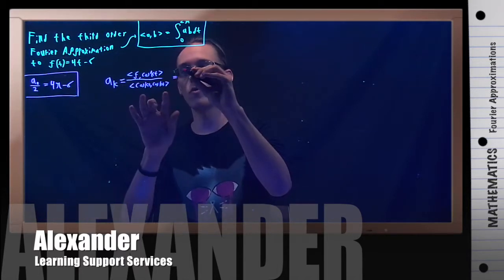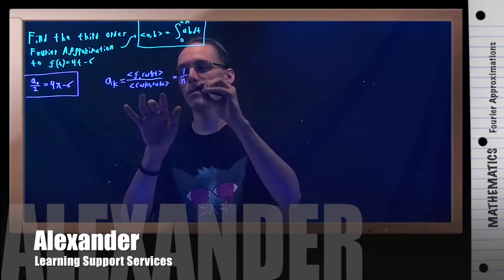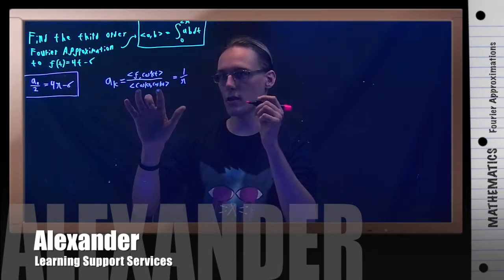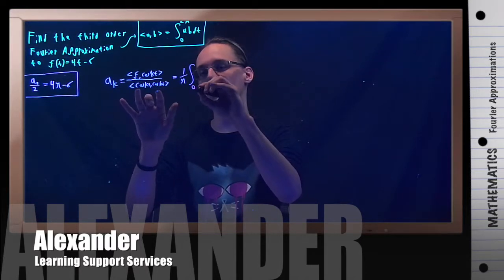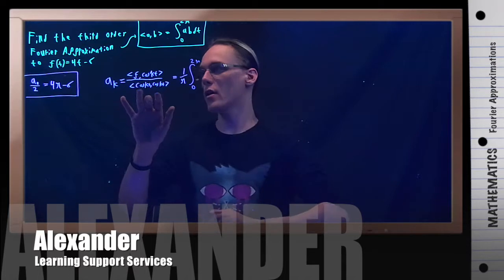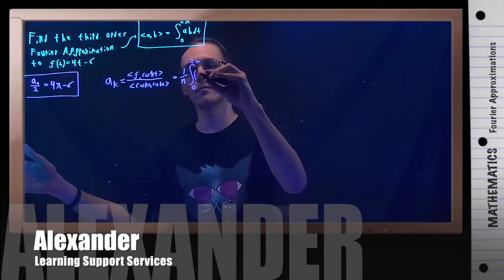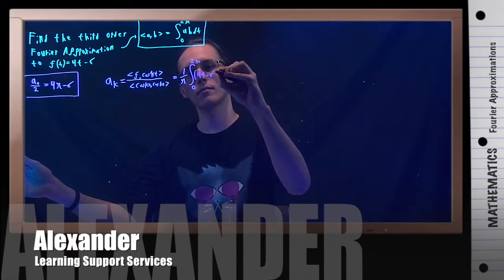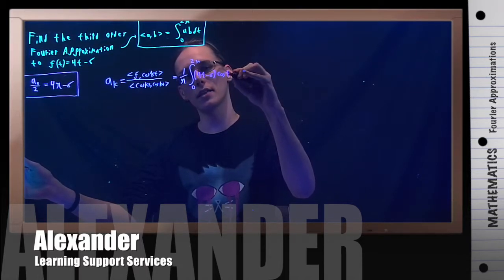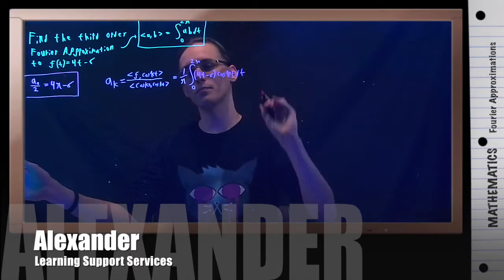So this is 1 over pi, that's the bottom part, times the integral from 0 to 2 pi of our function 4t minus 6 times cosine of kt dt.